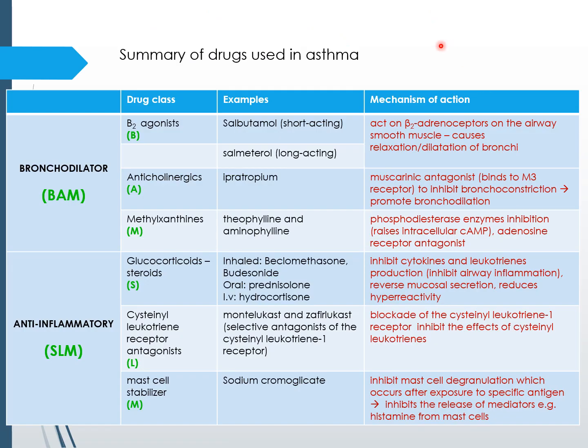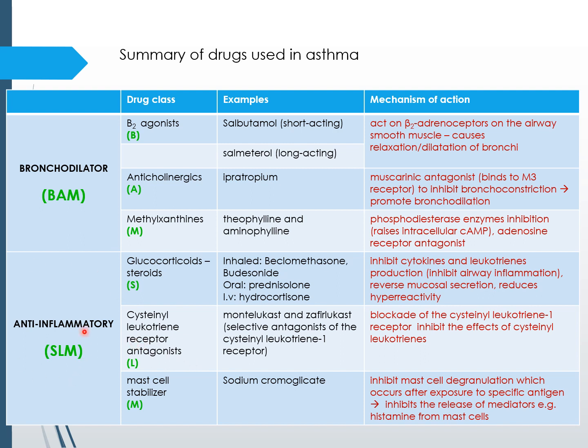Okay guys, this would be the summary of the drugs used in asthma. We have learned about bronchodilators and anti-inflammatory agents. I have summarized the bronchodilators here. We have PAM: beta-2 agonist, anticholinergic, and methylxanthines. The examples of the drugs and mechanism of action. All you need to do is probably fill it up with the adverse effects associated with the use of these drugs.